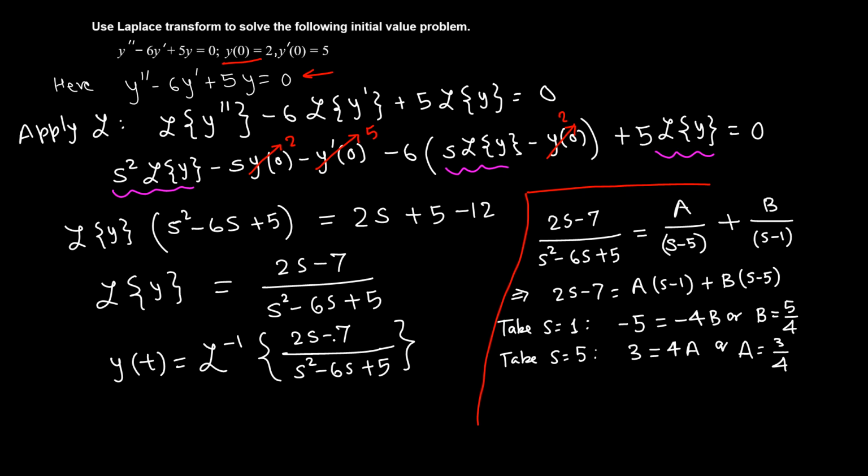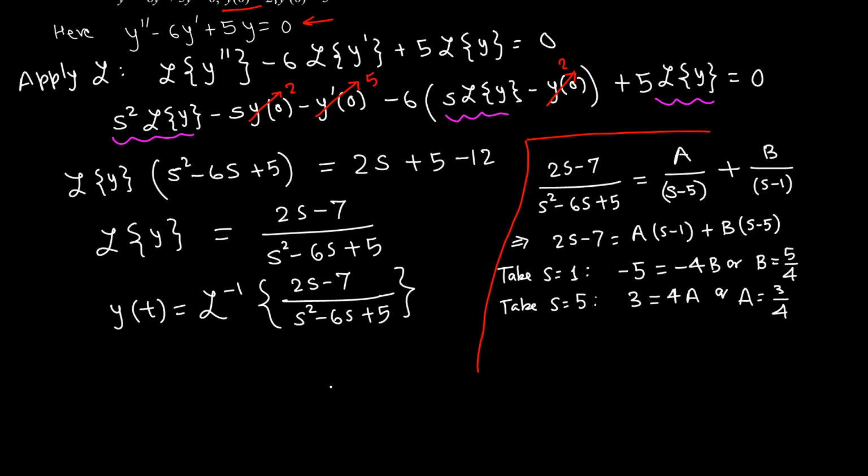So this fraction is in fact a sum of two simpler fractions. A times 1 over s minus 5, and A is 3/4, so 3/4 times 1 over s minus 5, plus B, that's 5/4 times 1 over s minus 1. So let's write that over here.